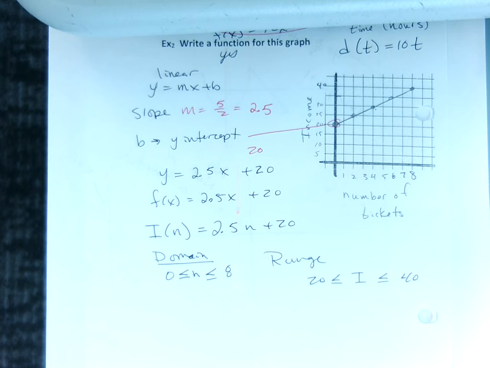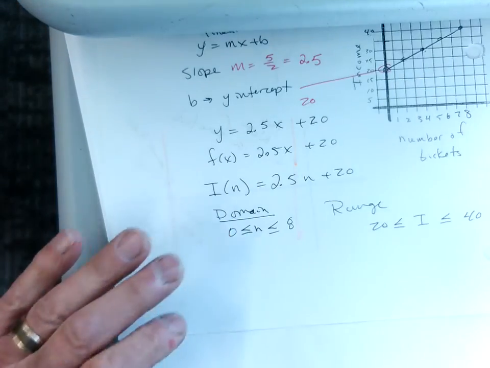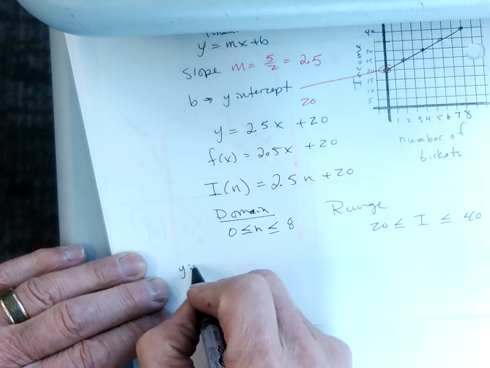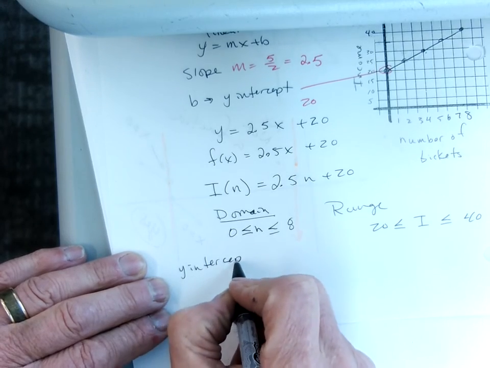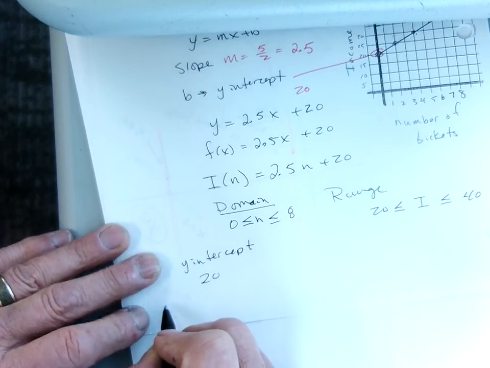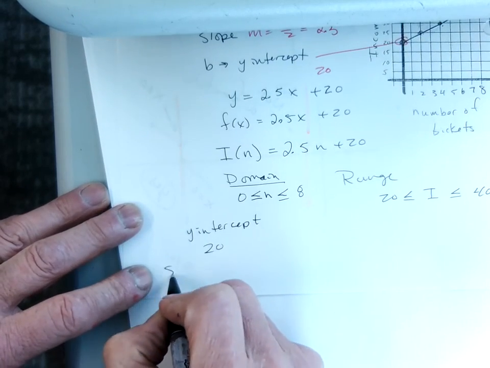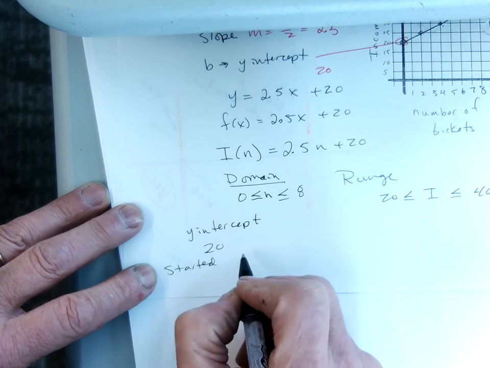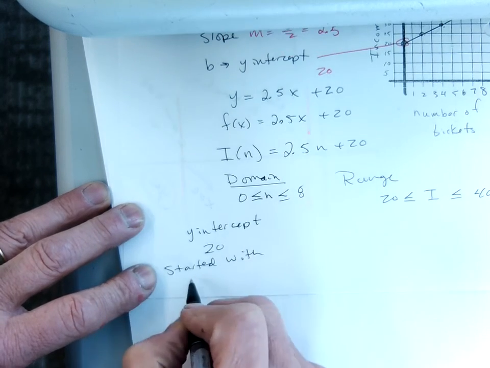So let's write that down, okay? I'm almost done. So we know the y-intercept equals 20. So that means we started with $20.